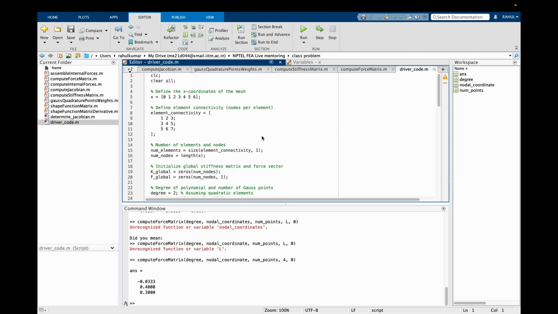This is the driver code where we will make some changes. Now tell me, do you need the cubic polynomial or quadratic polynomial only? Quadratic polynomial, fine. 0, 1, 2, 3, 4, 5.